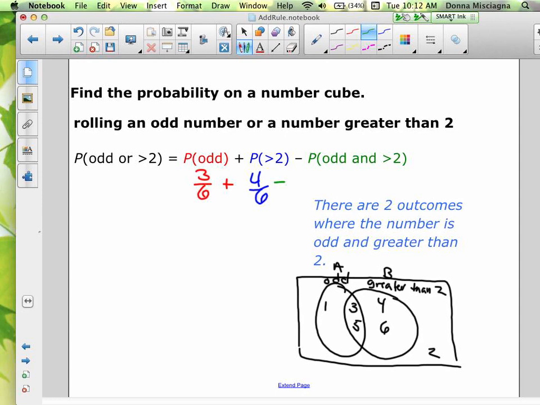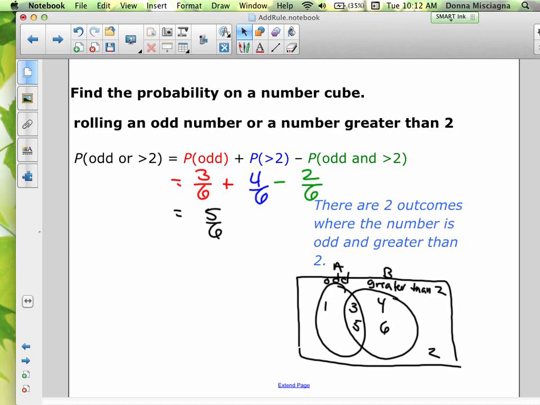Yep. So that means we have 7/6 minus 2/6, so our probability is 5/6. So we're going to add them all together, and then we're going to subtract the intersection. These Venn diagrams are really useful for keeping track of information, and they're so easy to make. So we'll make lots of Venn diagrams. Put this in your notes, including the little Venn diagram.